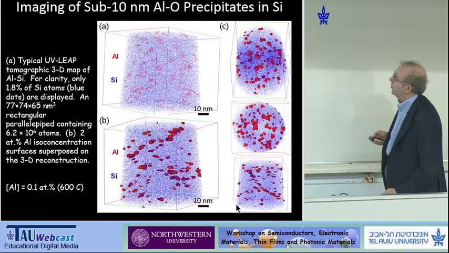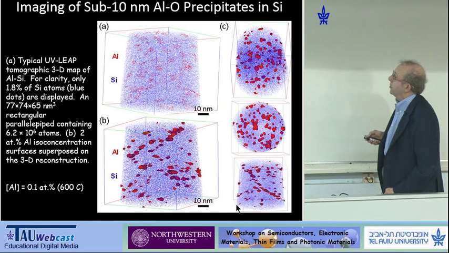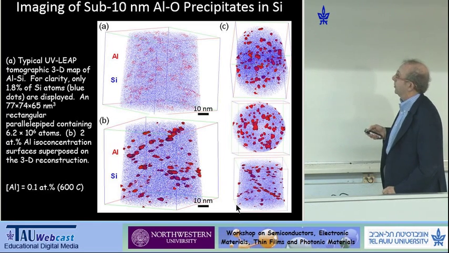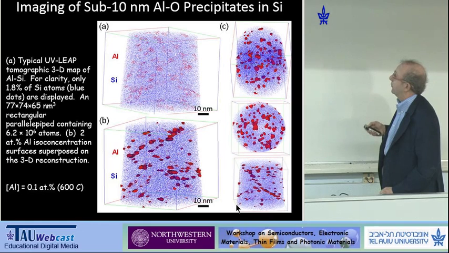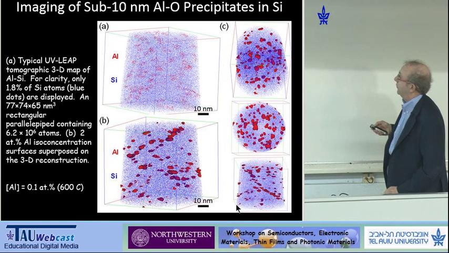This volume of material has dimensions of about 75 by 75 by 65 cubic nanometers, and it contains almost 10 to the 7th atoms. These are all the same data set analyzed in different ways.